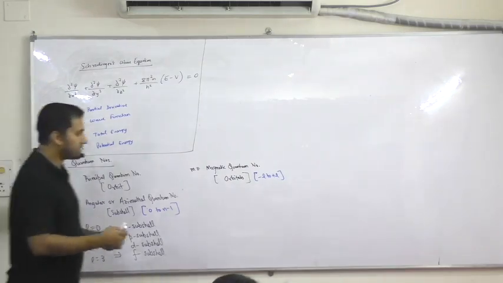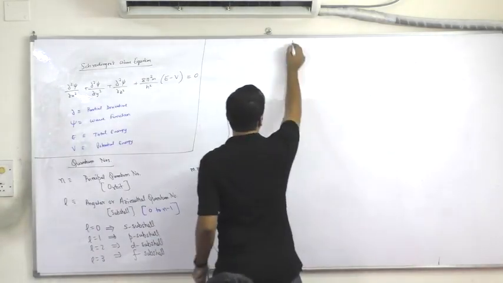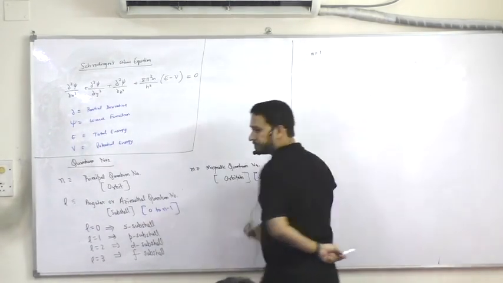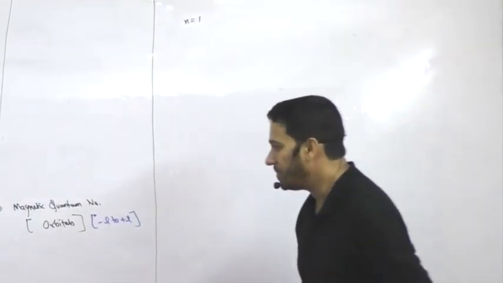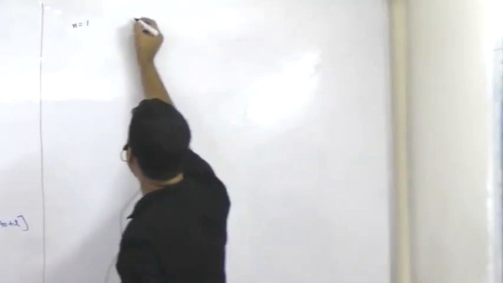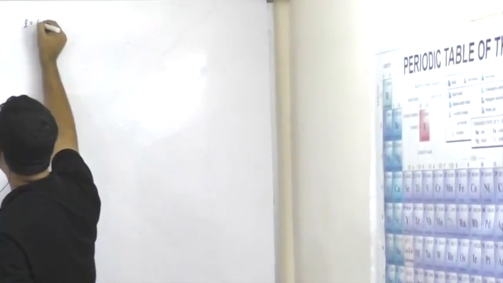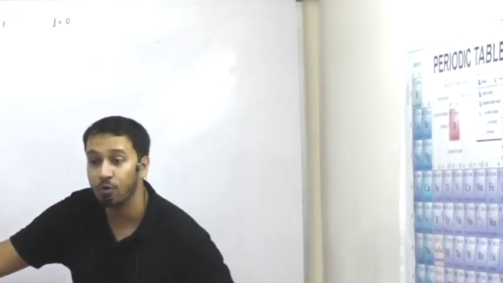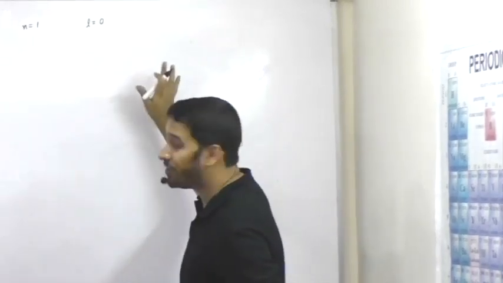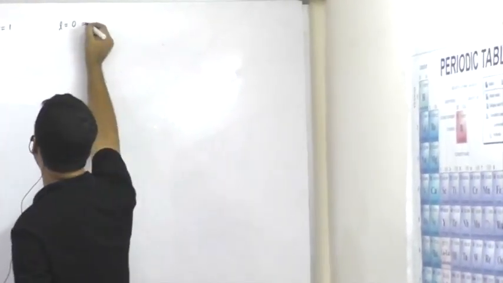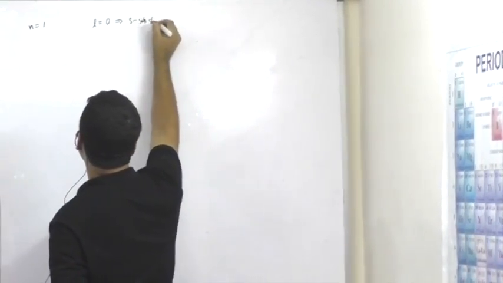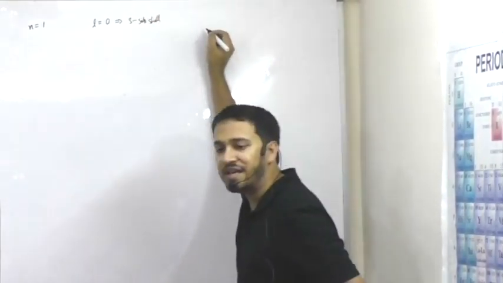Okay. Now let's understand this. If n is equal to 1, what is the possible value of L? Only 0. No other value of L is possible because L ranges from 0 to n minus 1. The only possible value is L equal to 0, which implies the S subshell.